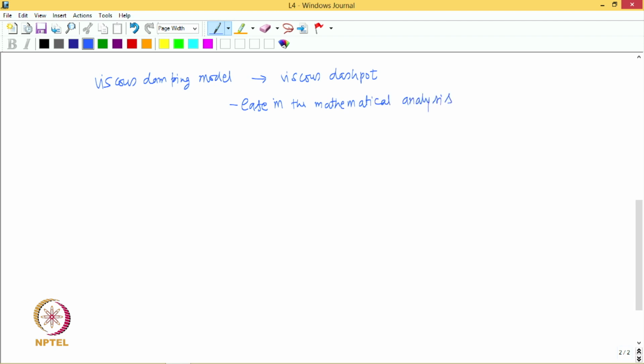Okay. So, the viscous dashpot is represented by a piston like this, a piston which is moving in a cylinder filled with oil. If we plot the force of resistance of this, it is proportional to the velocity, the relative velocity between the two ends of the damper.